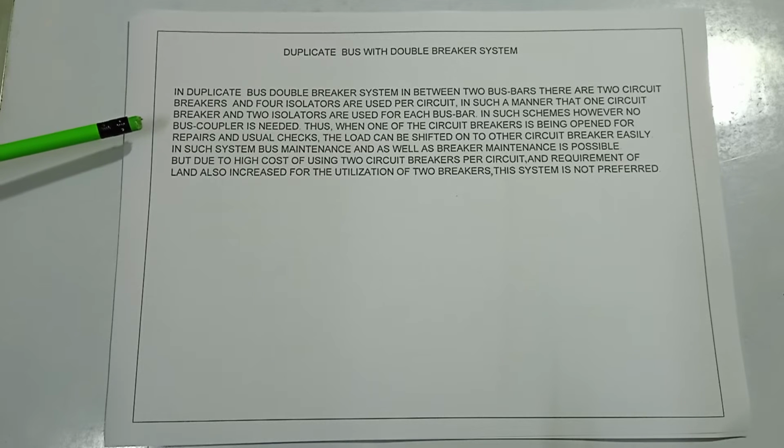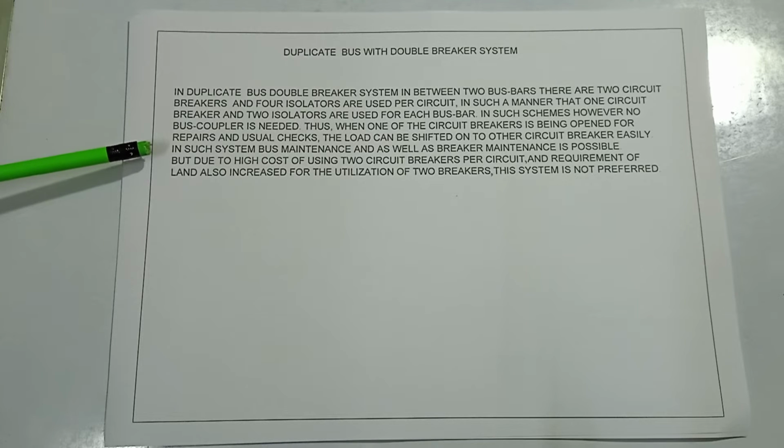Thus, when one of the circuit breakers is being opened for repairs and usual checks, the load can be shifted onto the other circuit breaker easily. In such a system, bus maintenance as well as breaker maintenance is possible. But due to the high cost of using two circuit breakers per circuit and the increased land requirement for the two breakers, this system is not preferred. Okay, next.